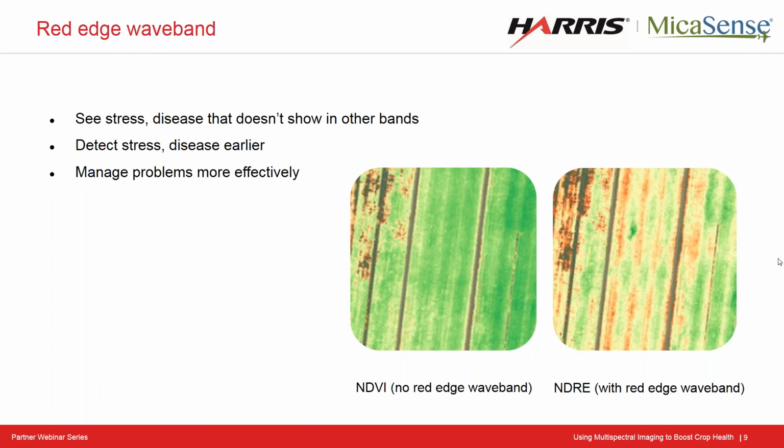So typically the value here is you see an NDVI image of your field and you might see some characteristics, but if you see an NDRE image of your field, you're going to pull out other characteristics of that crop that you wouldn't know if you were just relying on one index. So basically the benefit of having multiple indices just gives you more insight into what's going on in your field or your test plots or whatever applications you're doing.